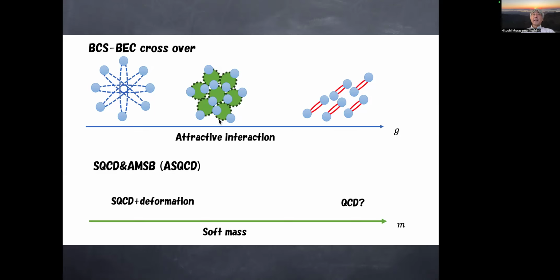As you make the attractive force bigger and bigger, the theory becomes non-calculable and non-perturbative, but this U(1) symmetry breaking persists all the way continuously, and there's no phase transition between these two limits. That is what has been established both experimentally and theoretically in atomic physics. What I'm talking about today is that a similar idea seems to be working in QCD too.